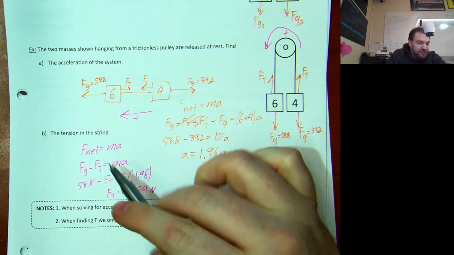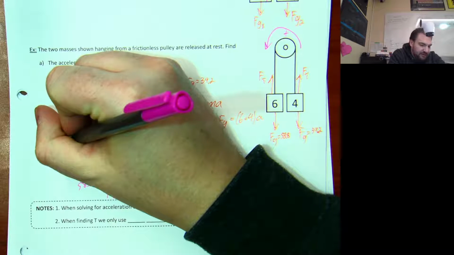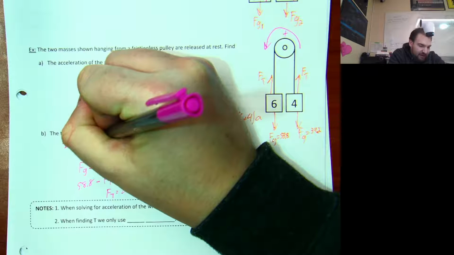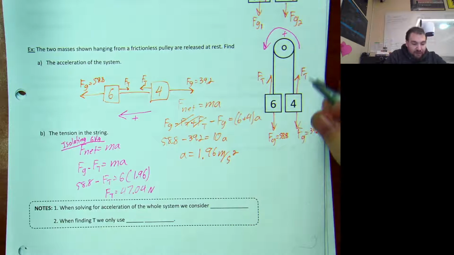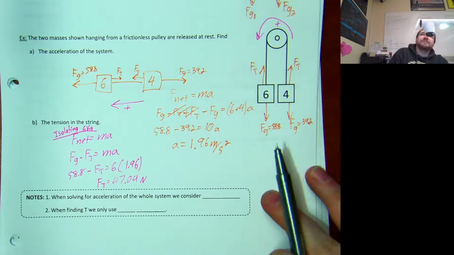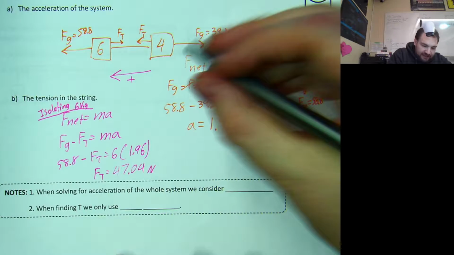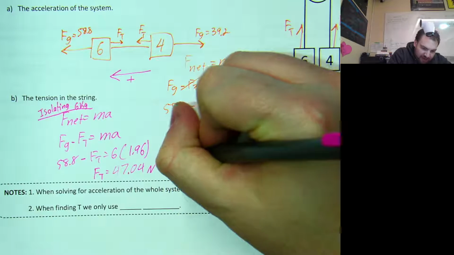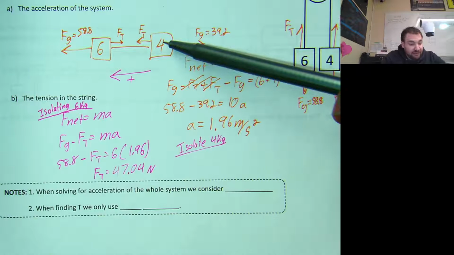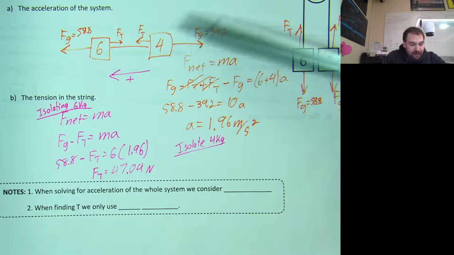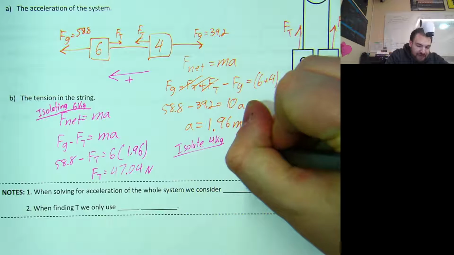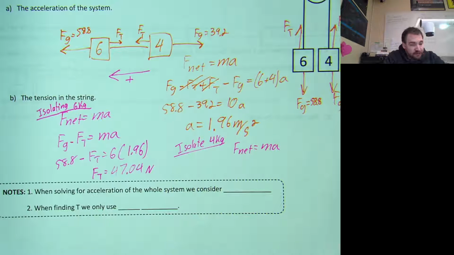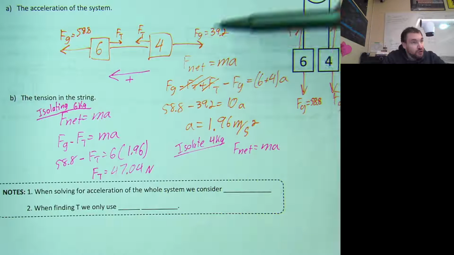So this one, the tension in the string, we isolated the 6 kilogram block. Let's go over it down here in the bottom where I've got a little space. Let's isolate the 4 kilogram block. Again, we're starting with F net. What are the forces acting on that block? There's going to be an FG. No, there is no normal force.